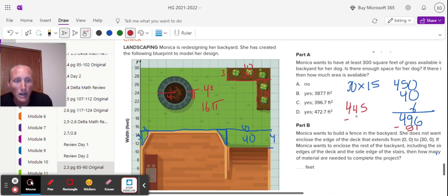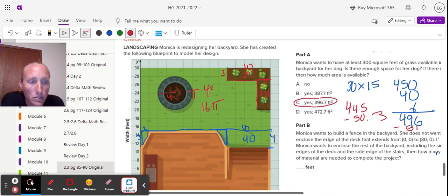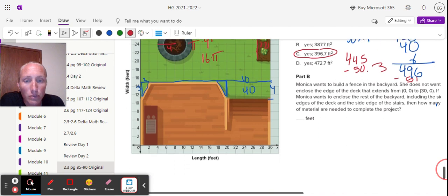So we're going to subtract another 50.3 from that, and that's going to get us down to 396.7, I believe. Let me just check. We're somewhere down in this area here, and I may be off a little bit, but that's the general idea of what you want to do as you solve through that.